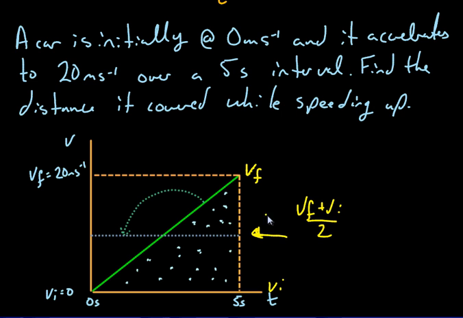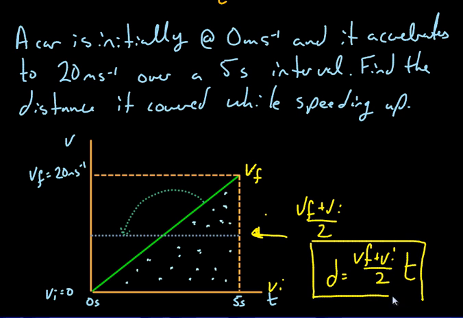Regardless of what VI and VF happen to be in terms of numbers, you will get that value. And so it's just one more mental step to see that if we have VF plus VI over 2 being this line, all we'd have to do is multiply it by time to find how far that thing went while it was accelerating. So this is a brand new formula for you to have and use to deal with finding displacements during the acceleration of an object.